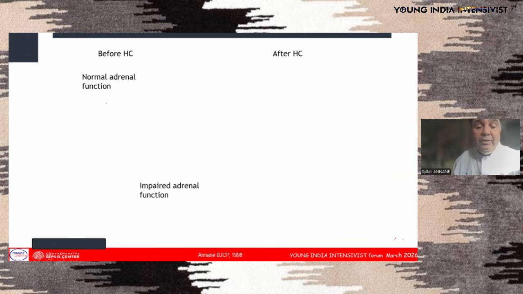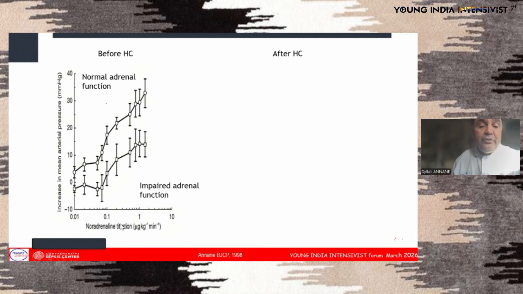Moving to patients, some time ago we looked at the pressure response to incremental doses of norepinephrine in ICU-treated septic shock patients, in relation to the normal production of endogenous cortisol. What we found is that the patients not able to produce endogenous corticosteroids normally had a marked depression in the contractile response to norepinephrine compared to those with a normal endogenous production of cortisol.